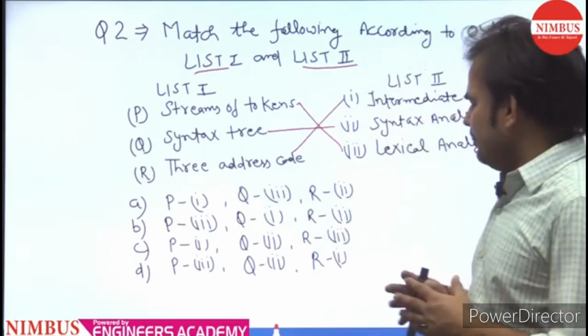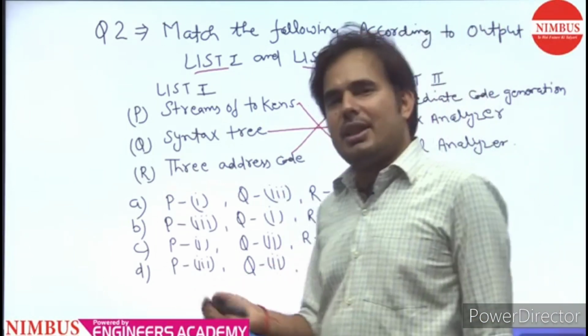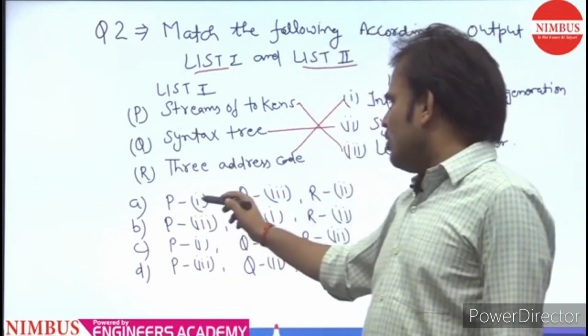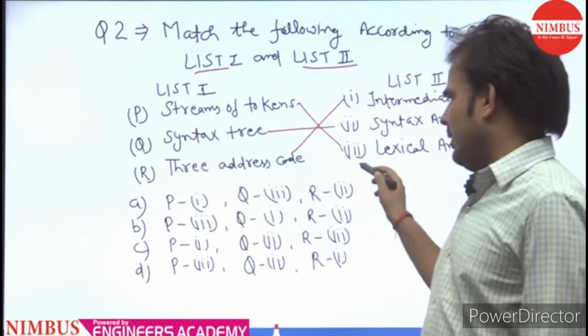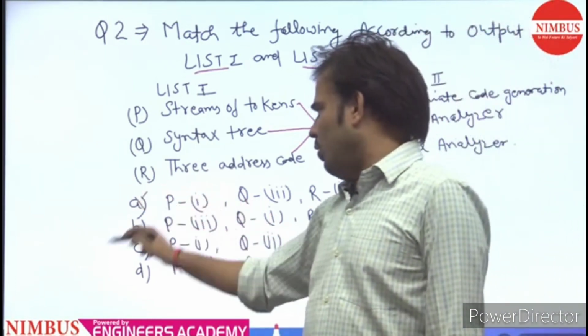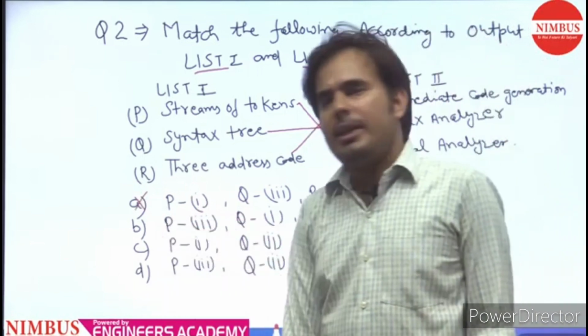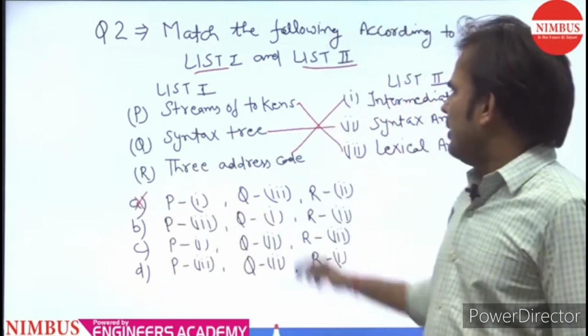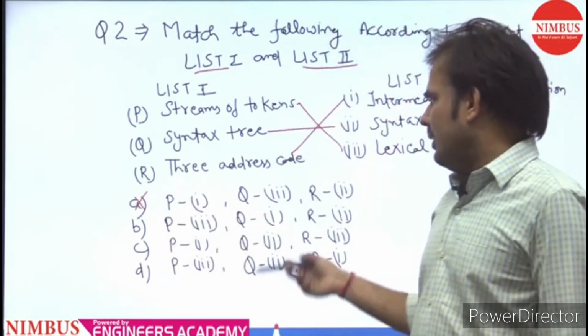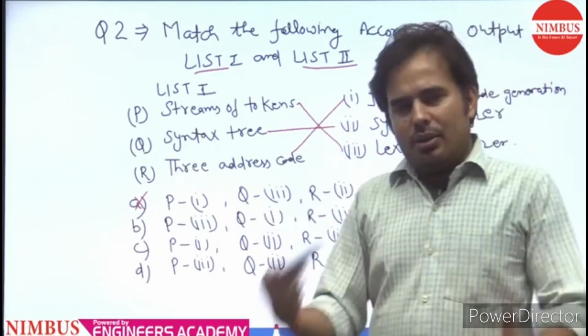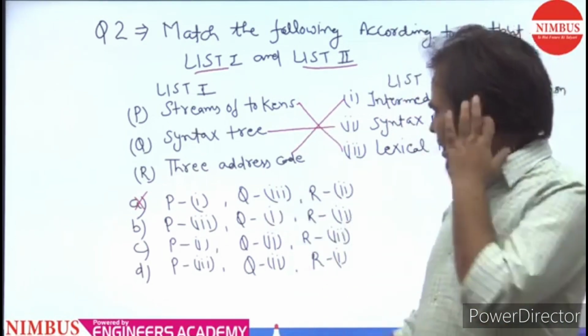So let's match here and check which option is correct. P belongs to first, no, P belongs to third, so that's why option A is wrong. Check option B. P belongs to third, yes. Let's check the other things too.